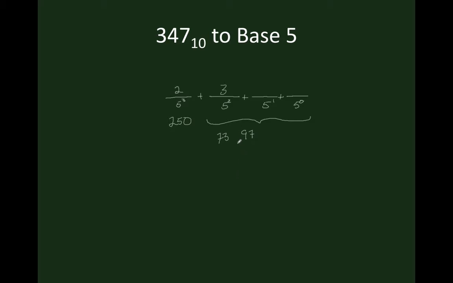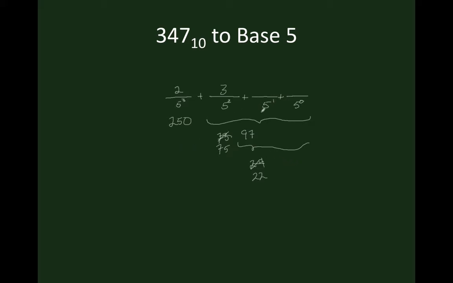And what's left of the 97? Oh, wait, I made a mistake. Oh, goodness. Where did I write down 73? I was just looking at that saying, what on the heck are you doing? All right, so that should be a 75. And that would make what's left a 22. Okay, I got to be very, very careful here.